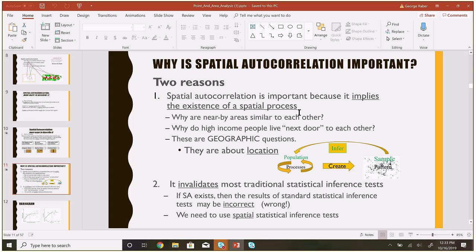Because if the probability is very low that it was created on a random event, then that's interesting. There's something we could study. We could try to find out what the spatial process is. So that's what this is saying. Spatial autocorrelation is important because it implies the existence of a spatial process.